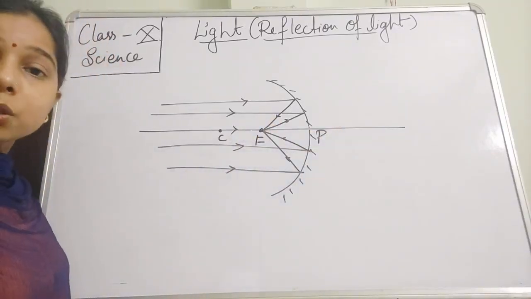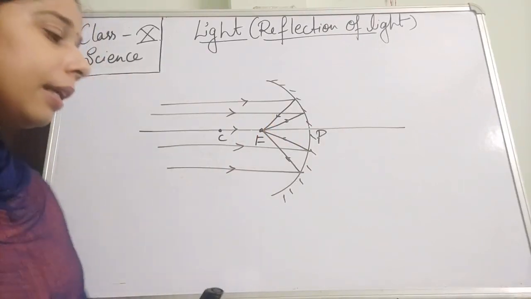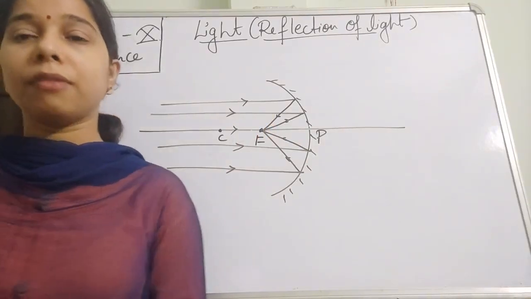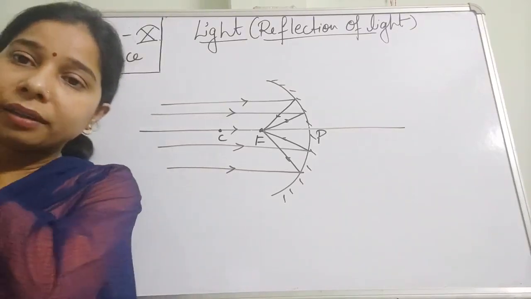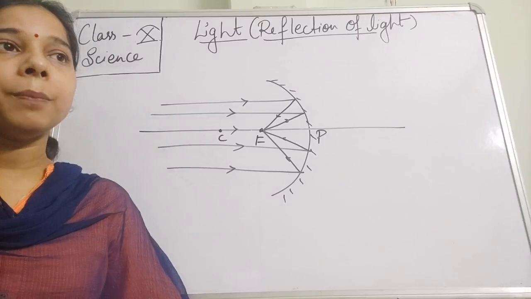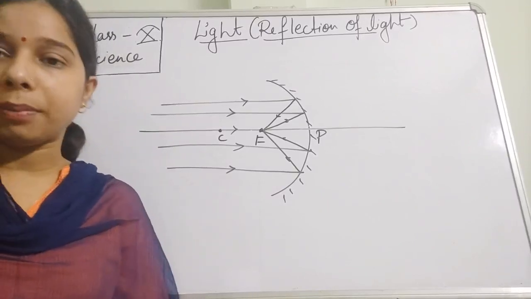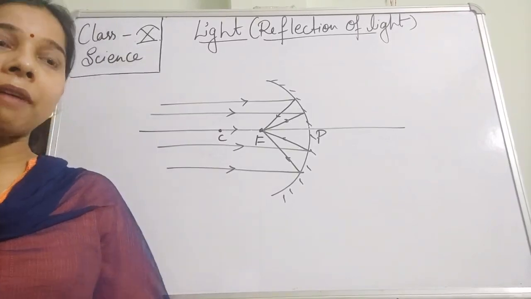Okay. So this is the case of the concave mirror. We can take an example, a use of a concave mirror. Take a concave mirror and keep it outside, and take a piece of paper also. Now what will you find?